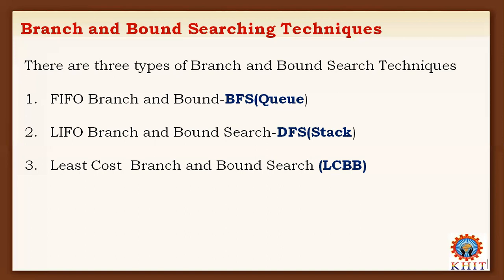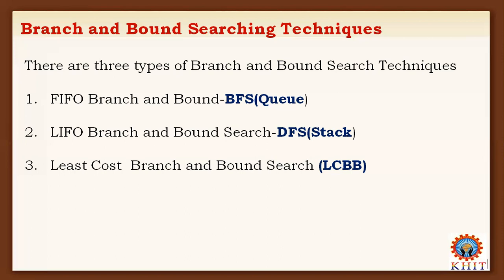The last branch and bound searching technique is the least cost branch and bound searching technique. So this is another technique. Here we need to find the least cost of each and every iteration, and based on the least cost we need to finalize the answer node in a minimum number of iterations.